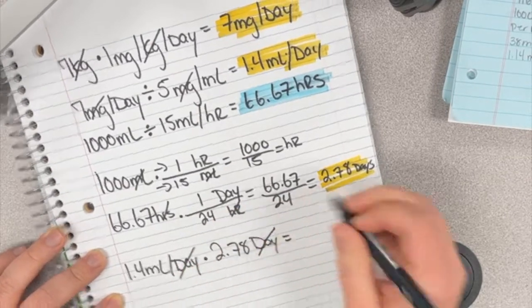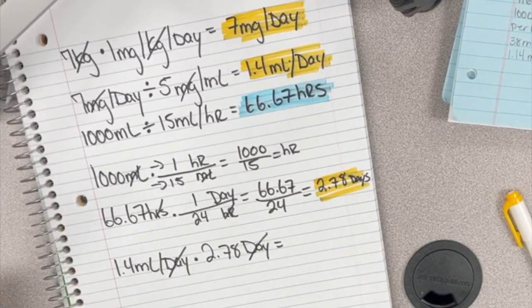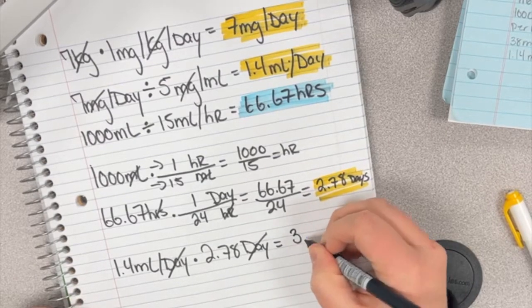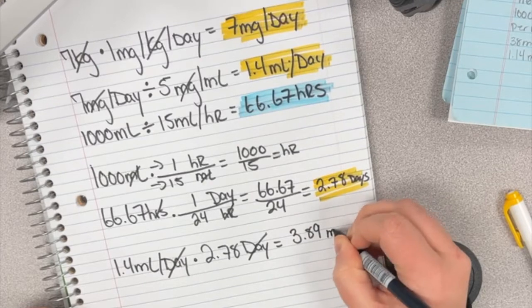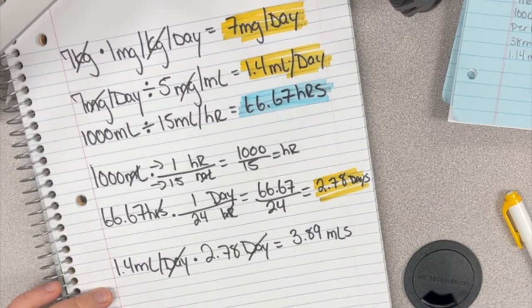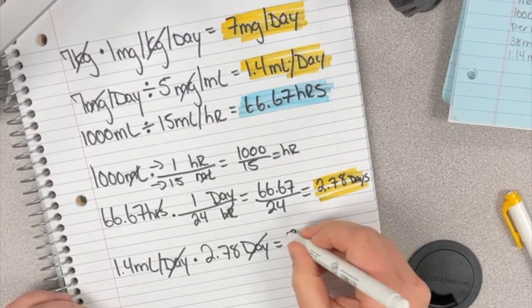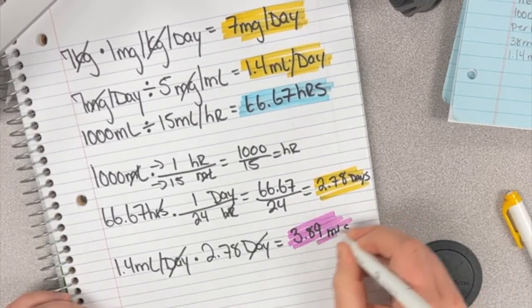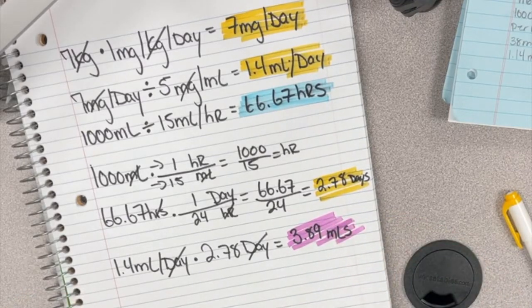Your days will cancel out, meaning that 2.78 multiplied by 1.4 means that we will add 3.89 mLs into that bag of fluid. Okay, so that there would be our final answer, which is 3.89 mLs into that bag of fluids.